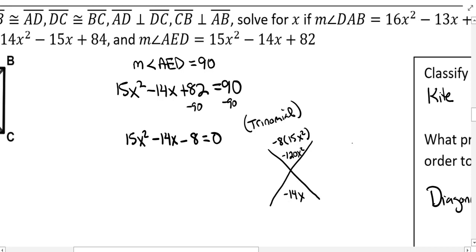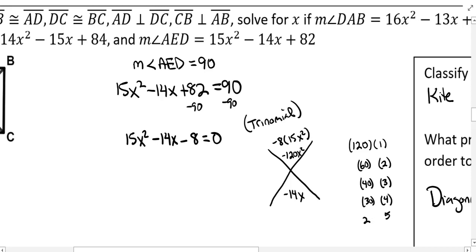And so we just start thinking, well, what times what is 120? We got 120 times 1, 2 times 60, 3 times 40, 4 times 30. 5 times, well, 5 goes into 120, 25 times?